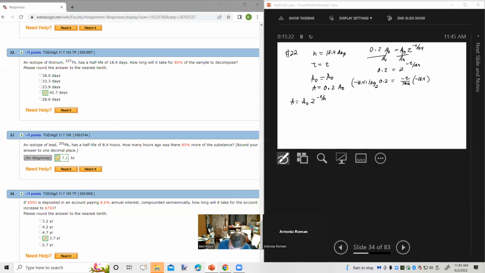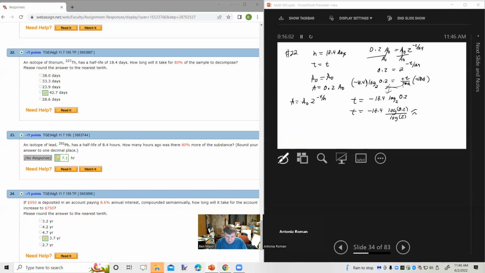The 18.4s will get rid of the denominator. The negative times negative will make it a positive T. So now I've got T equals negative 18.4 log base 2 of 0.2. I just switched them around and put T on the left instead of on the right. Okay, using the change of base formula, negative 18.4 log of 0.2 divided by log of 2.